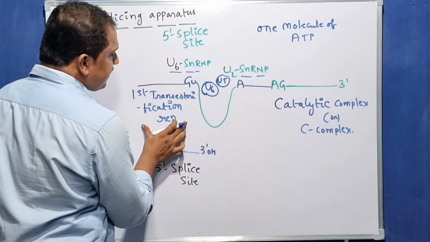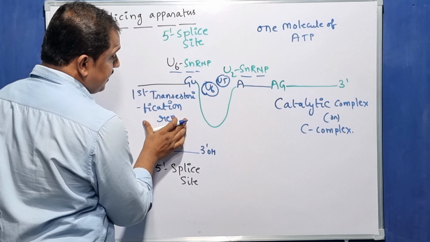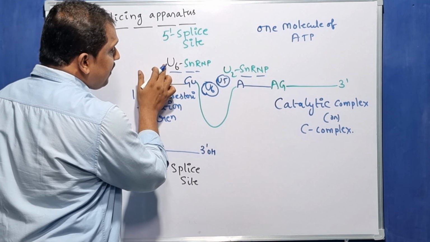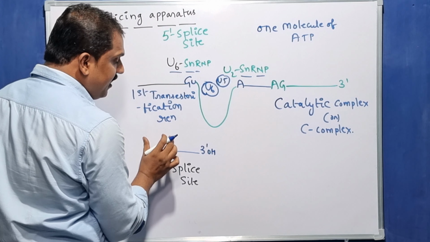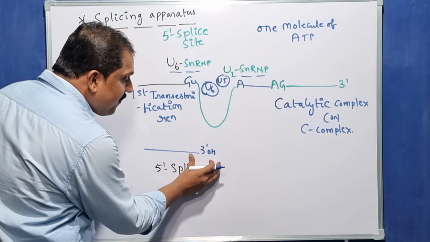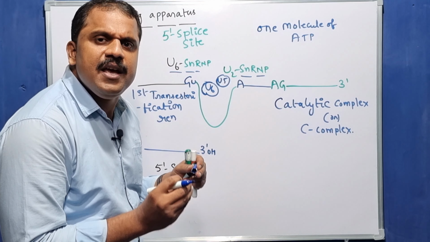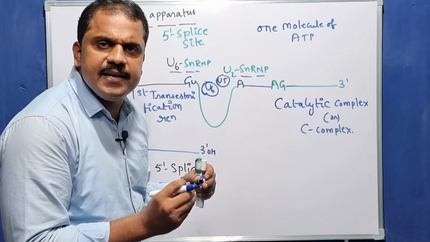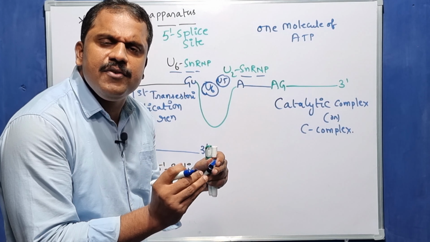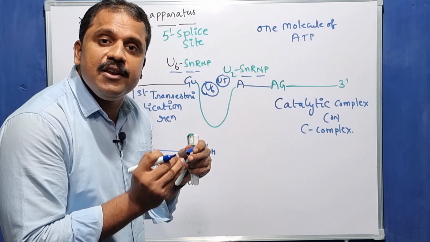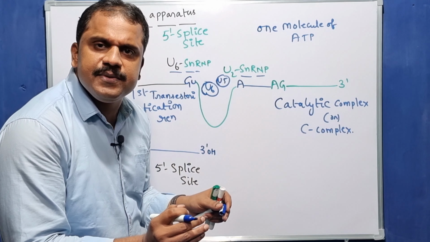After the successful organization of the first trans-esterification reaction by U6 snRNP, it leads to the exposure of the free 3' hydroxyl group. Now the free 3' hydroxyl group, which is a part of the 5' splice site, is capable to induce one more nucleophilic attack or nucleophilic cleavage at the 3' splice site.